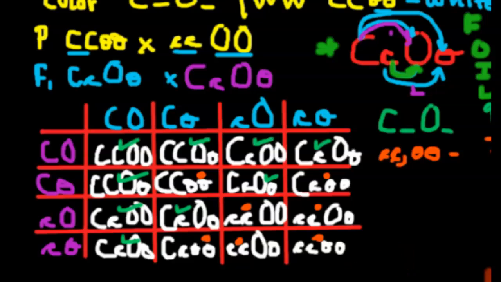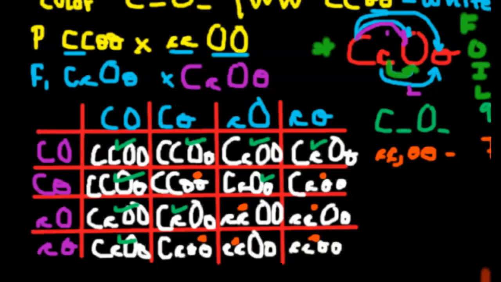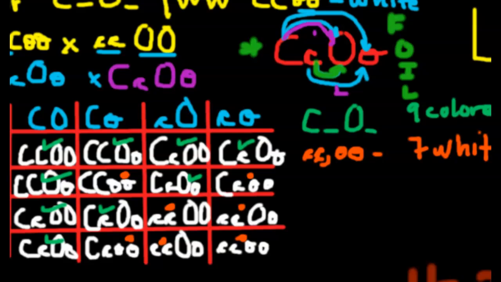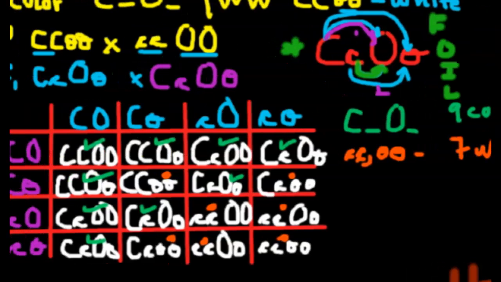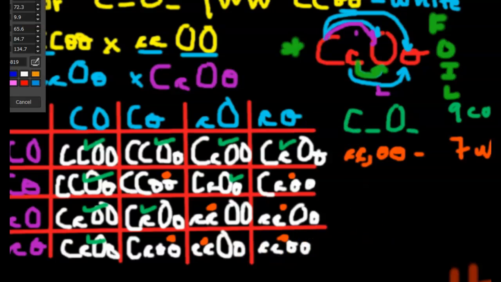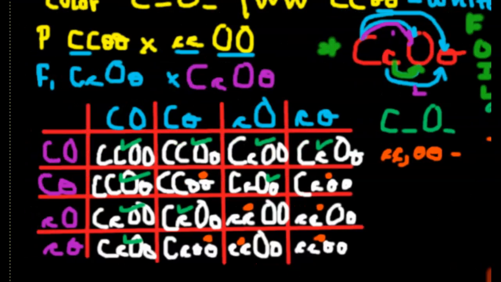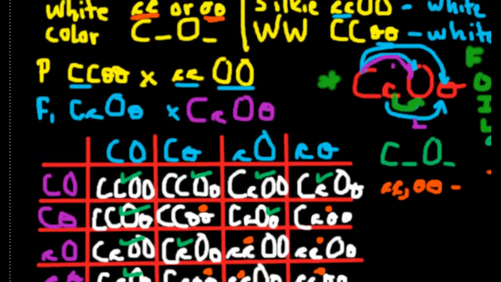And now that you're back, we have to figure out what their phenotypes will be. So what are their phenotypes? In this case, there's actually only two different phenotypes, right? There's white and colored.